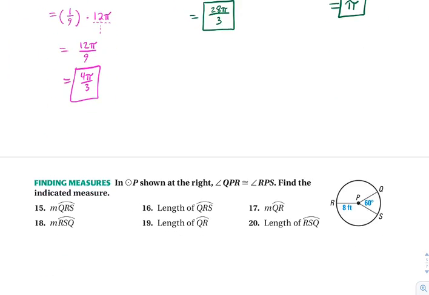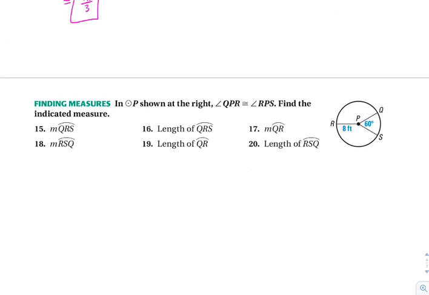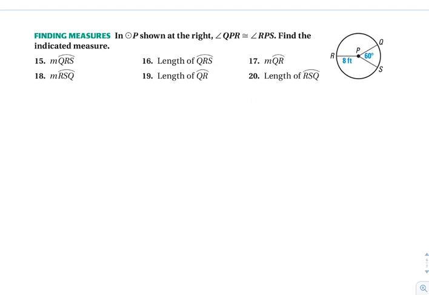Okay, now let's step up the difficulty just a little bit. Up here it says angles QPR and RPS are congruent. So these two are congruent, and that's all it gives us. Well, I know there's a 60-degree angle. I know we're adding up two congruent angles. Let's call them x. So I know that 2x plus 60 in total will add up to 360 degrees in that central area.